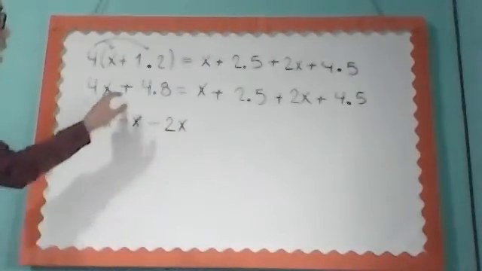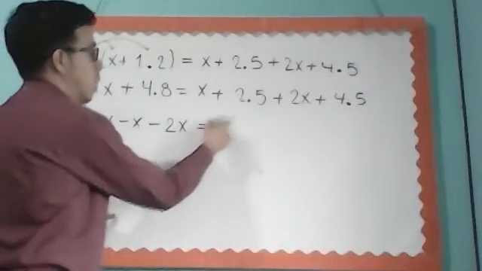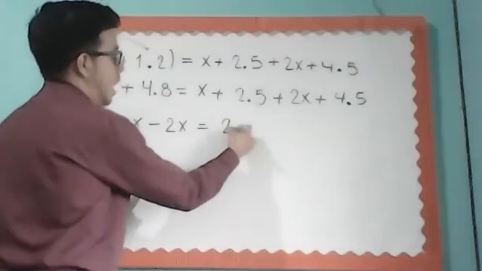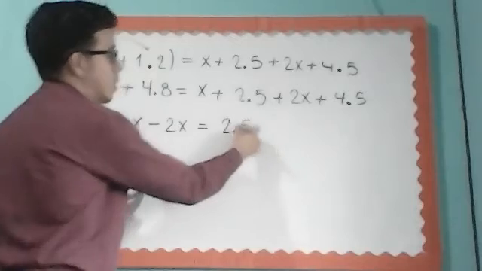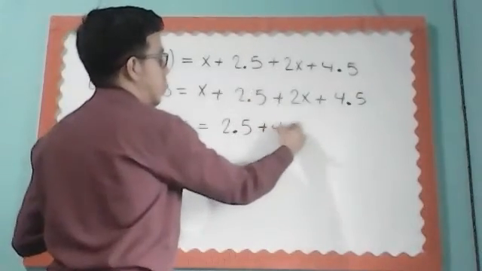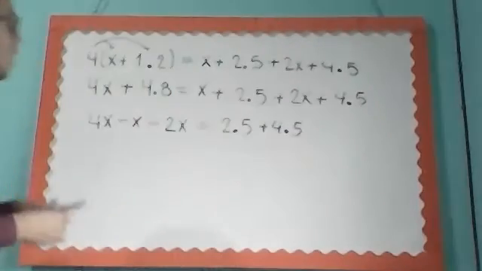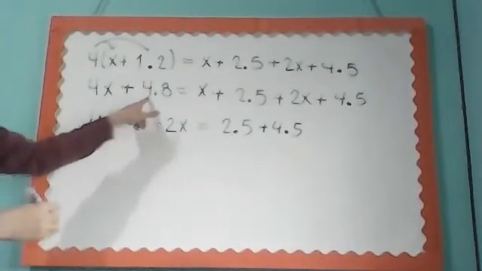These are the only ones we have, yes. Now I have 2.5 on the other side. I'm going to copy the numbers: 2.5 plus 4.5 minus 4.8.